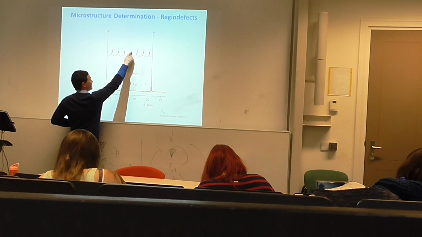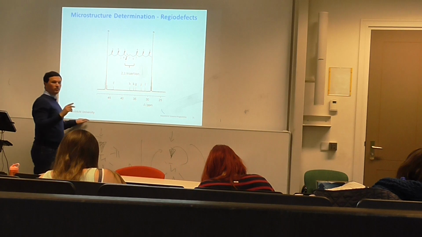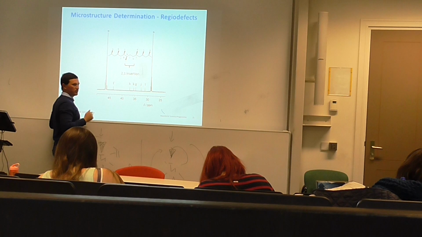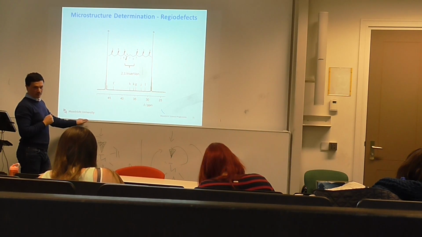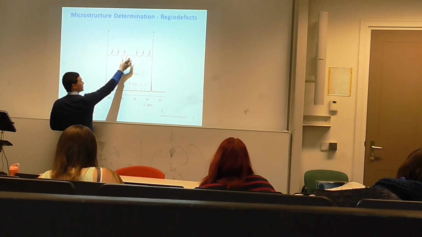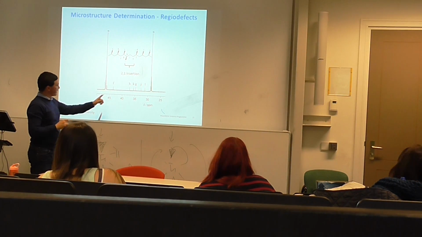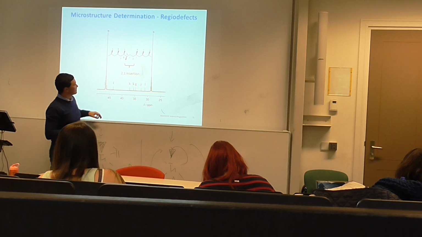So you are expecting your methyl group here, but because it inserts in a 2-1 fashion, your methyl group is going to be very close in alpha to the stereogenic point. So this is your string that you are going to see in NMR, and you will see something like this.